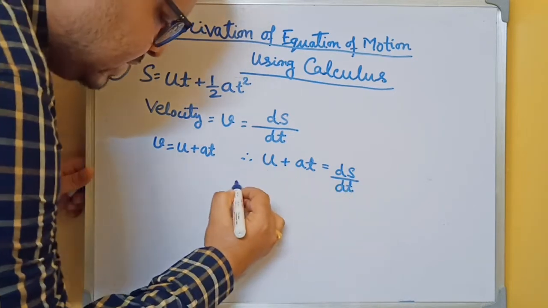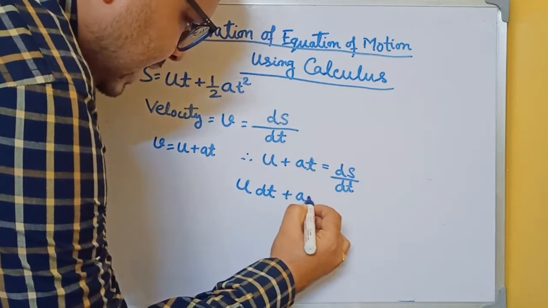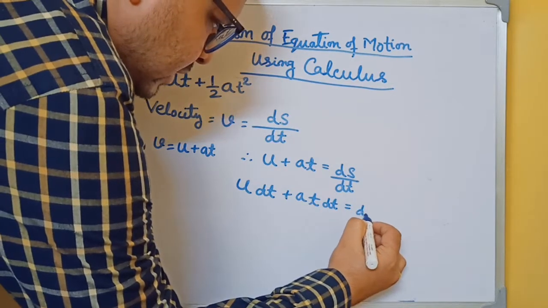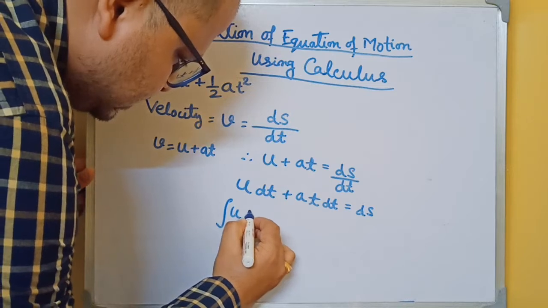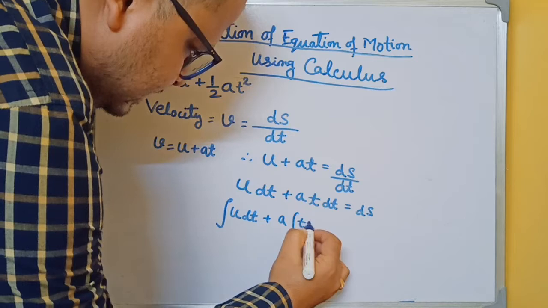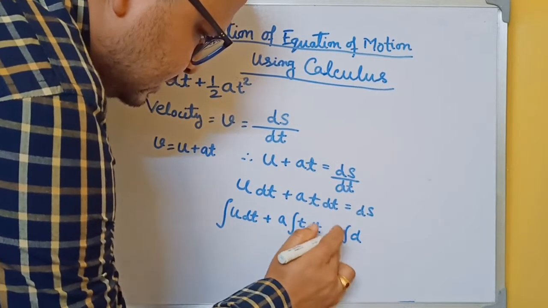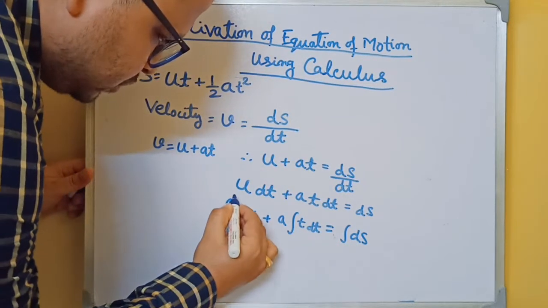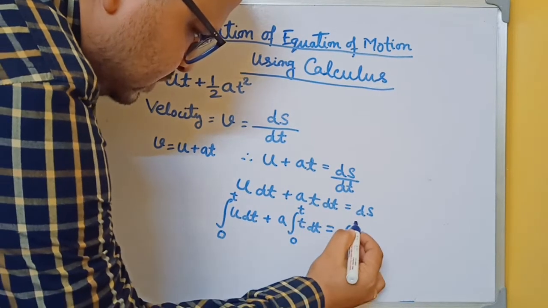Now we multiply dt on this side. u dt plus at dt is equal to ds. Now you take the integration. Integration of u dt plus integration of at dt is equal to integration of ds. Limits 0 to t, this is 0 to t, this is 0 to s.